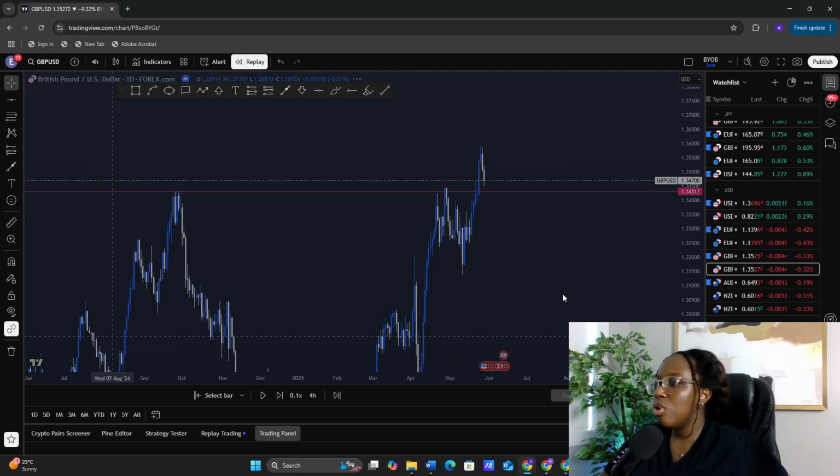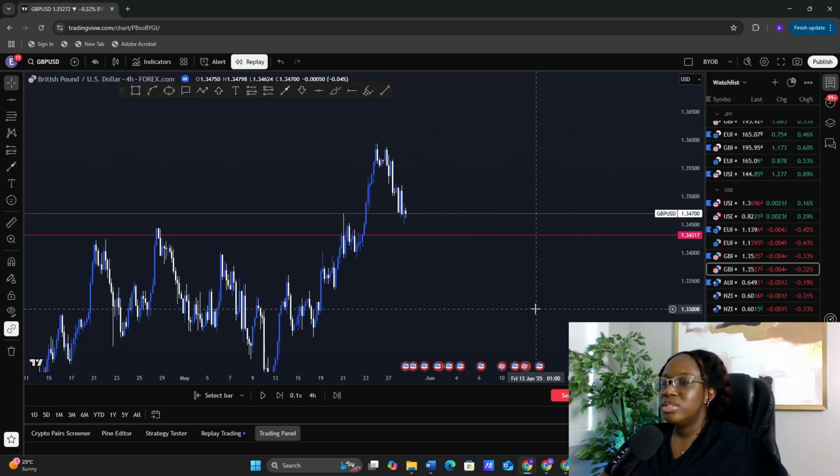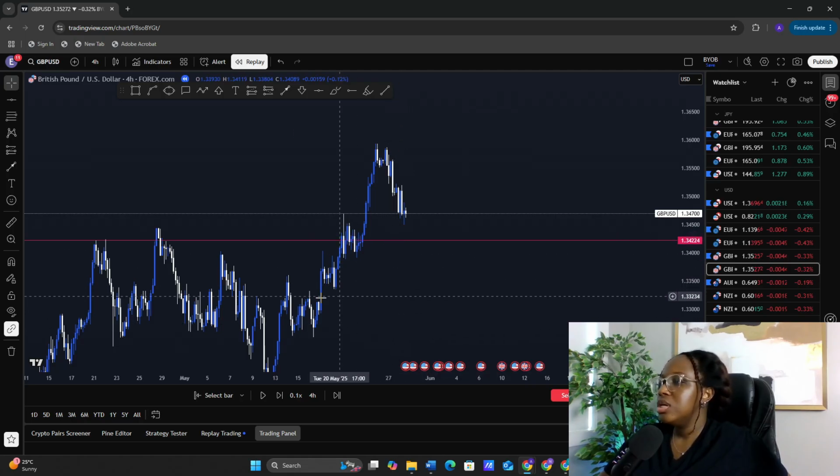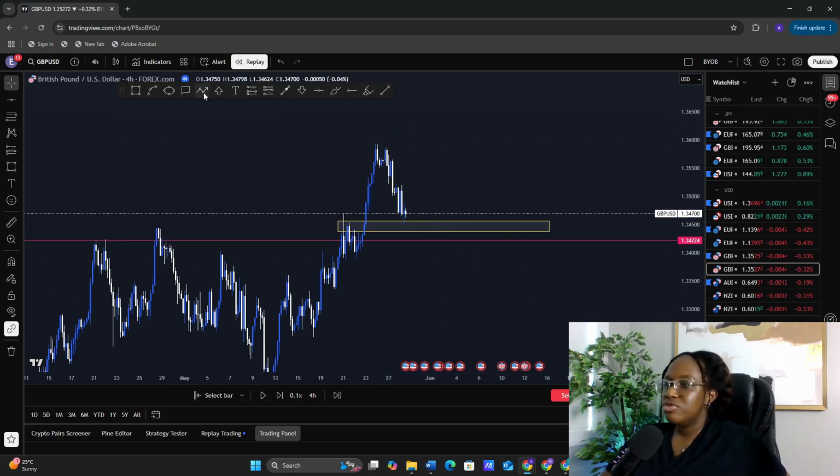So I go down to the 4-hour time frame, and on the 4-hour time frame I tend to fine-tune my zones just a bit more, just because we're seeing more details with the price action. So I had a 4-hour zone set up here, and I was basically anticipating for price to go to the upside.